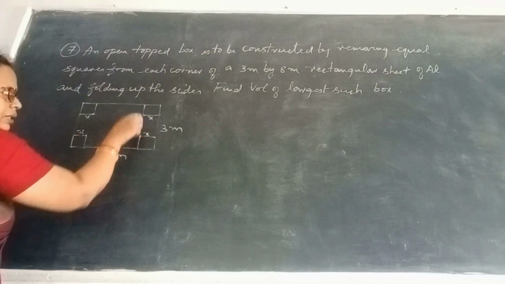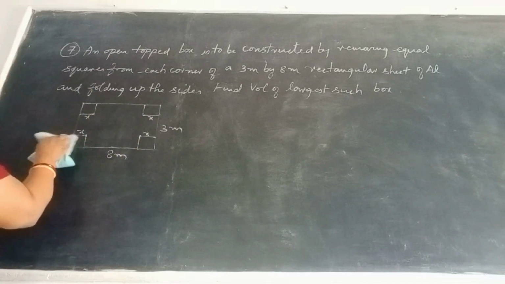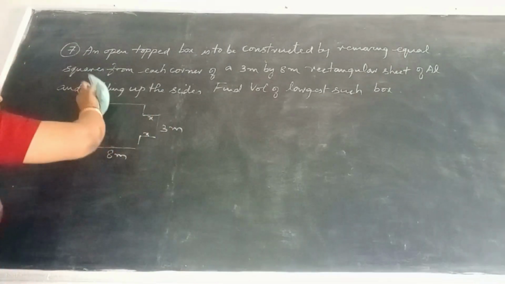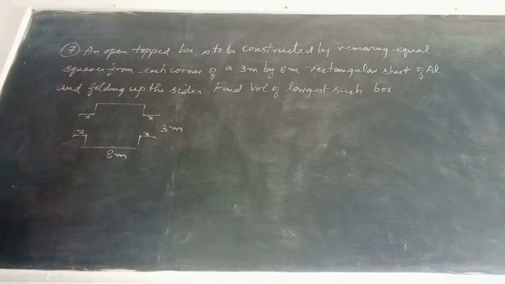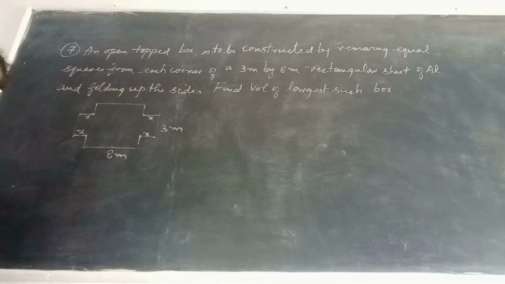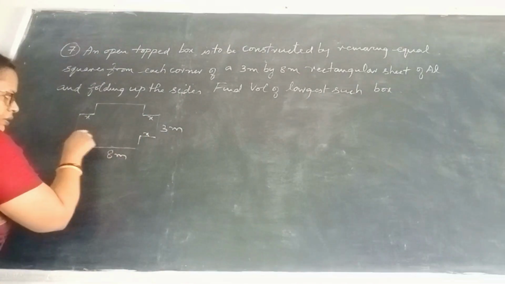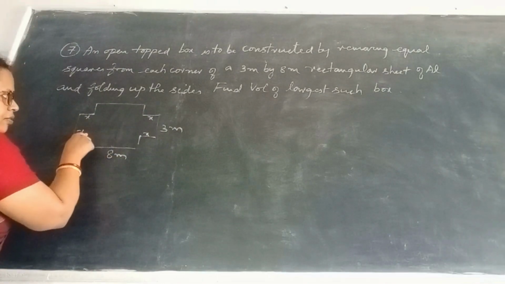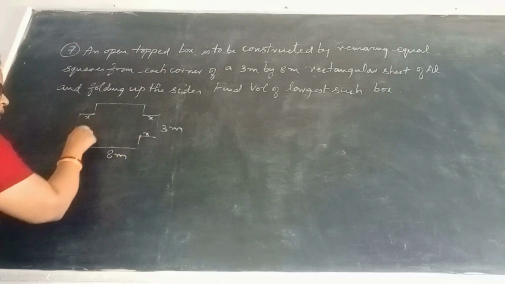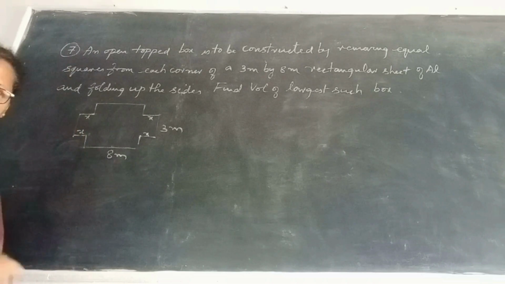Now look at this remaining portion. The squares are cut off, these are gone. This is the portion, and from here it is folded up to make the box. So this will be the base of the box, with this length and this breadth, and x will be the height of the box.